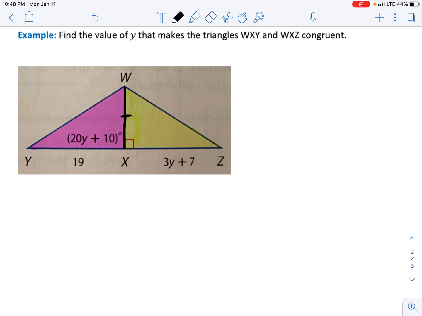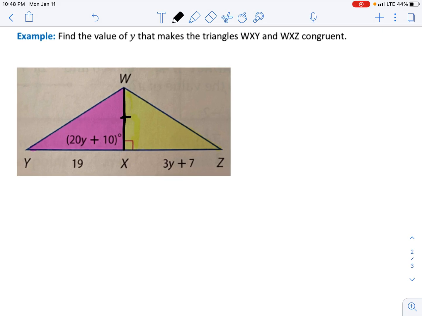Now I want to try and find another side from the pink triangle that is congruent to a side in the yellow triangle. What I notice is that I have this side length from y to x that's 19, and then this side length from x to z that's denoted with the expression 3y plus 7.